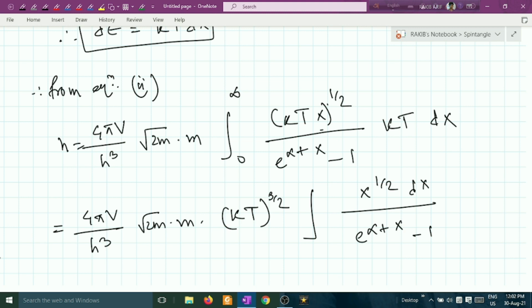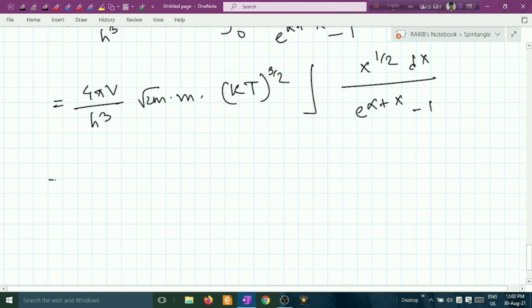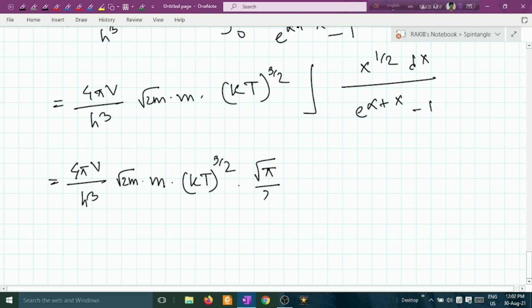Okay, let's take another term. 4 pi V upon h cubed, root over 2m times (2m kT) to the power 3 by 2. Up to this point it is okay. Let's introduce one thing, root pi by 2 and 2 by root pi. This term will go with this term and cancel with nothing, therefore x to the power half dx over e to the power alpha plus x minus 1. Why have I written this?